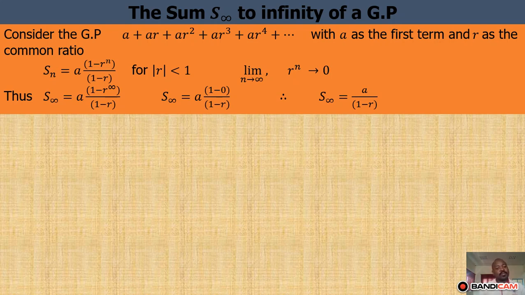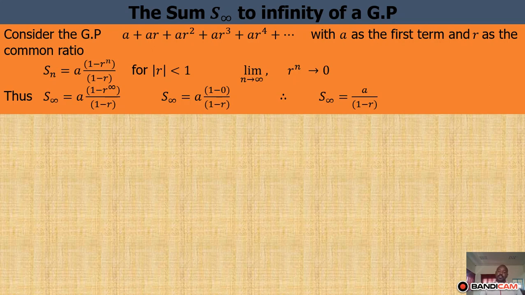So S infinity, the sum to infinity, will be equal to A into 1 minus R power infinity over 1 minus R. So S infinity equals A into 1 minus 0 over 1 minus R. Therefore, S infinity is equal to A over 1 minus R.